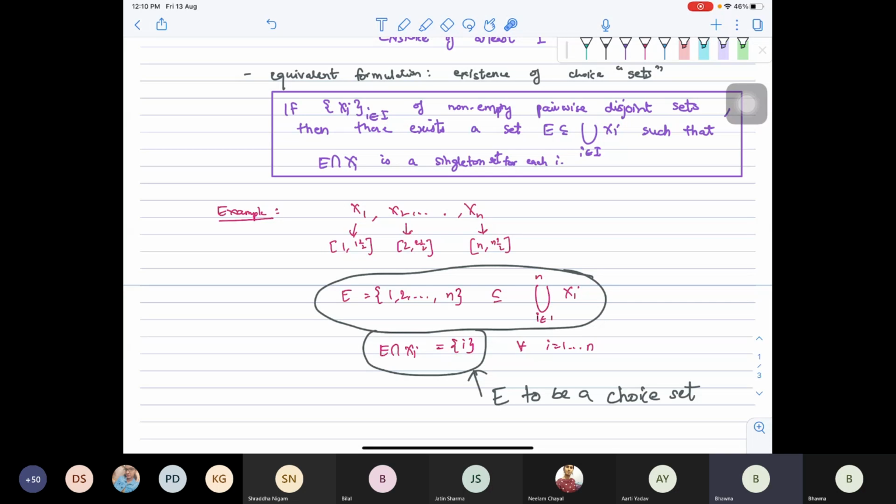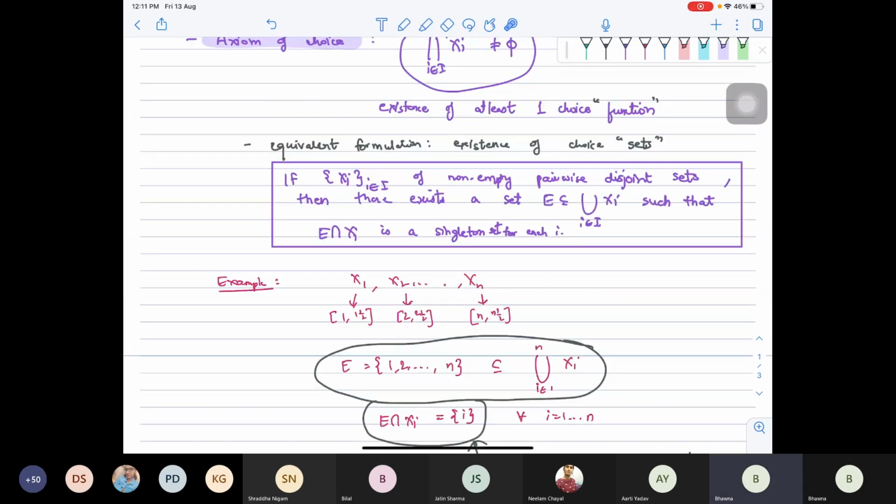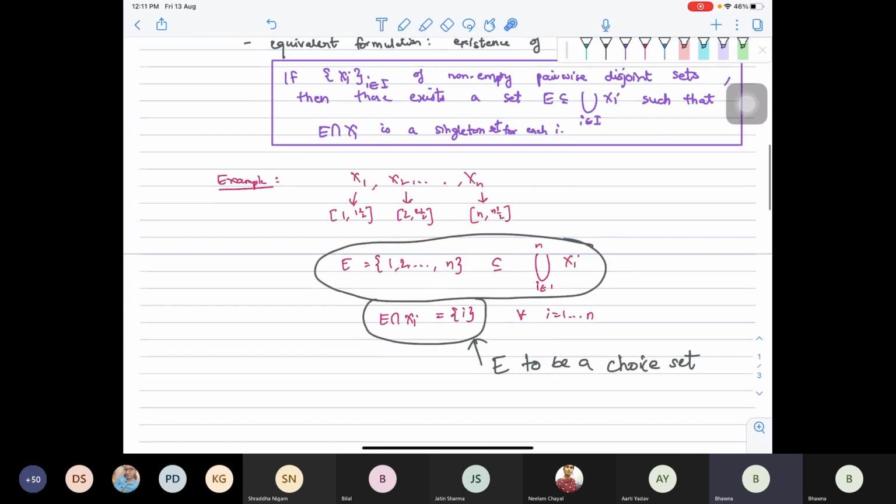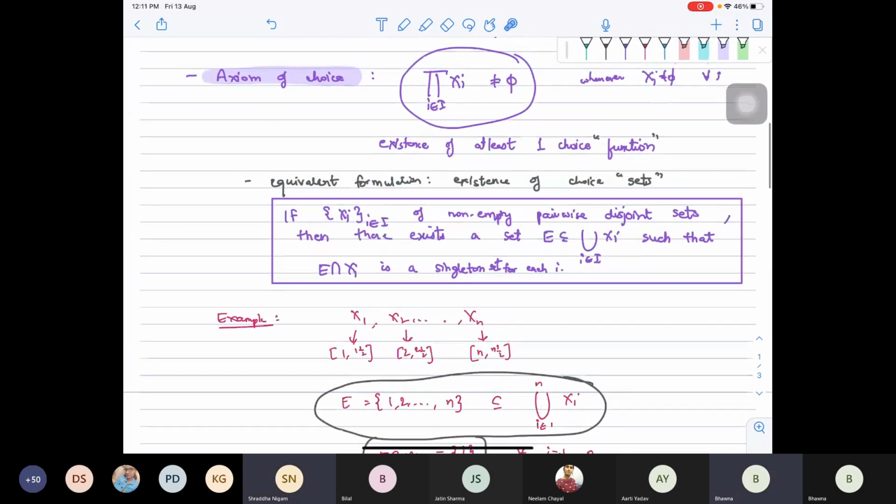So we say that it is an equivalent formulation. If two statements imply each other, then we say that they are equivalent. They are nothing but the same. Ma'am, if we assume this, we can show this, and if we assume this, we can show this.